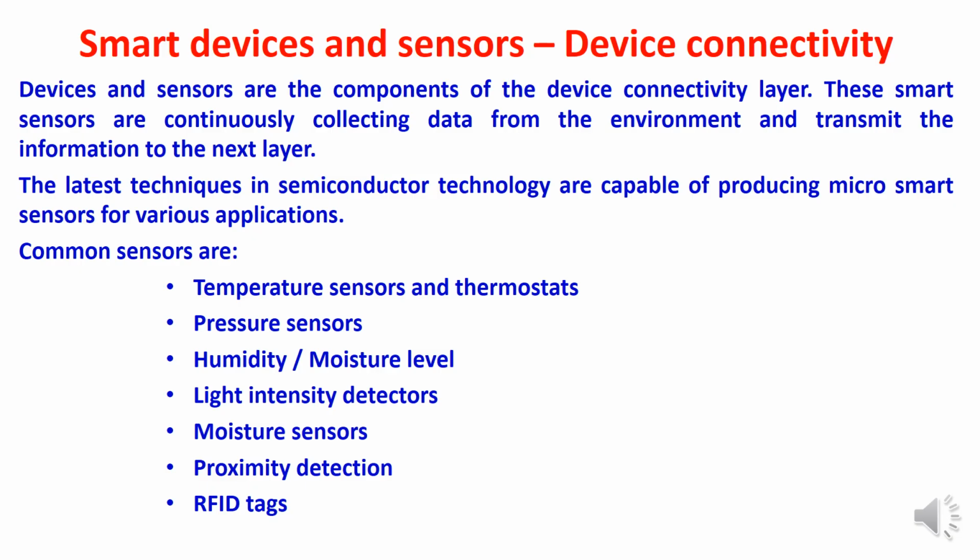Nowadays, a wide range of smart sensors are available for various applications. The common sensors are temperature sensors and thermostats, pressure sensors, humidity sensors, light intensity detectors, moisture sensors, proximity detection sensors, RFID tags, etc.